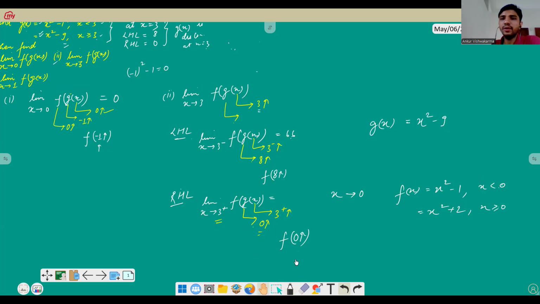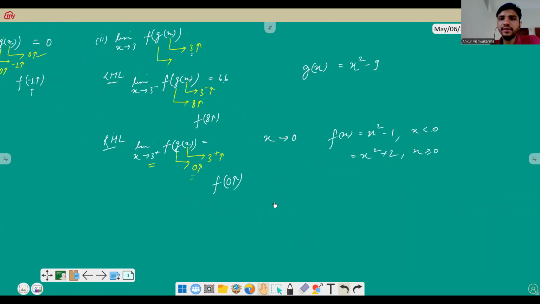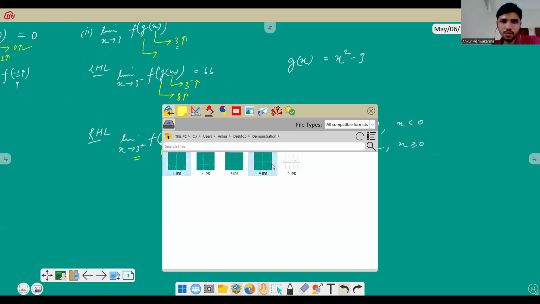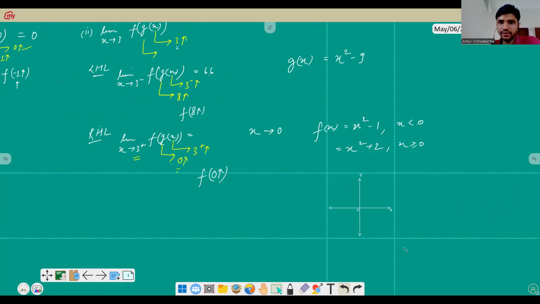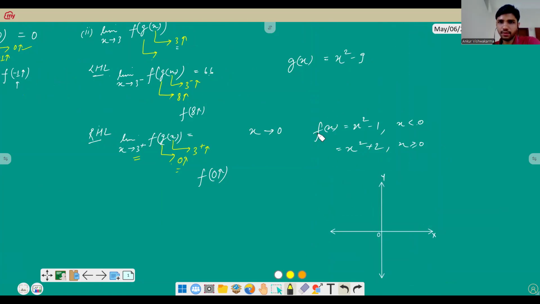Now let us try to draw the graph of this x square minus 9. Let us try to draw the graph of this g(x) equals x square minus 9.